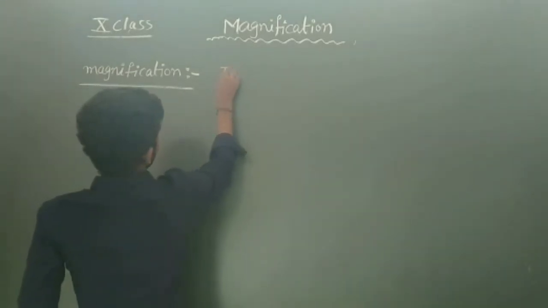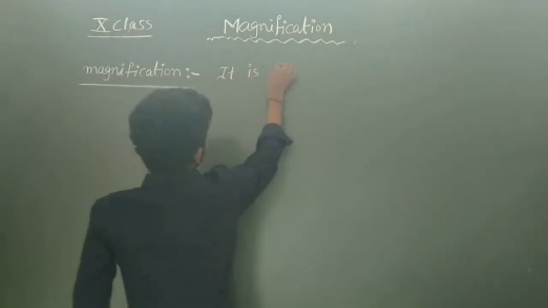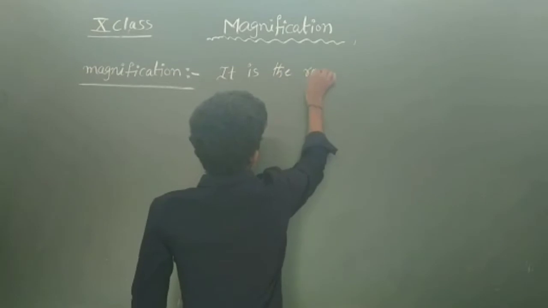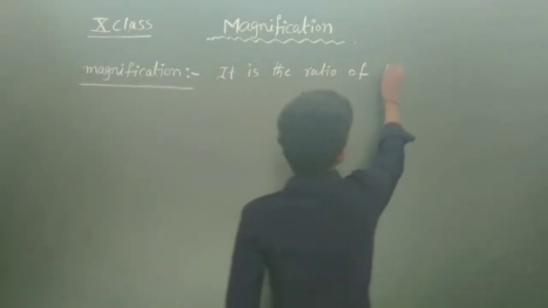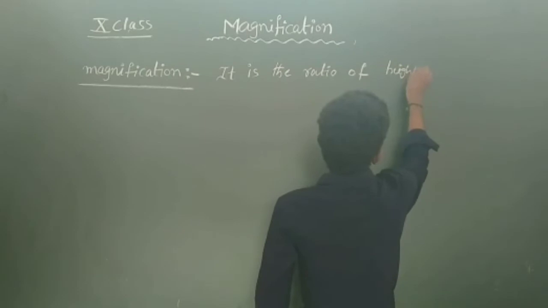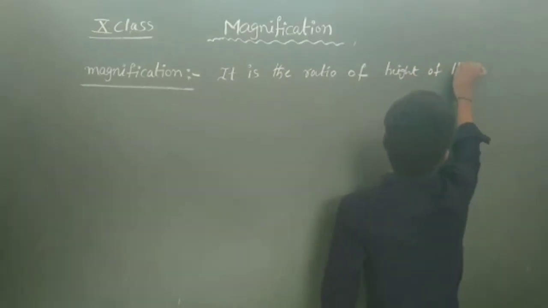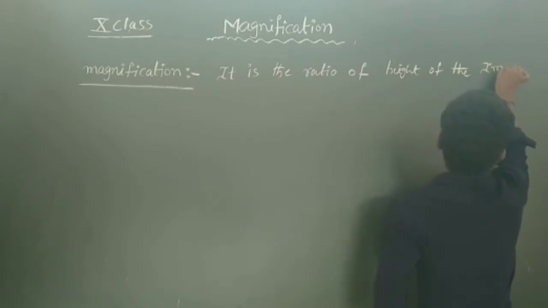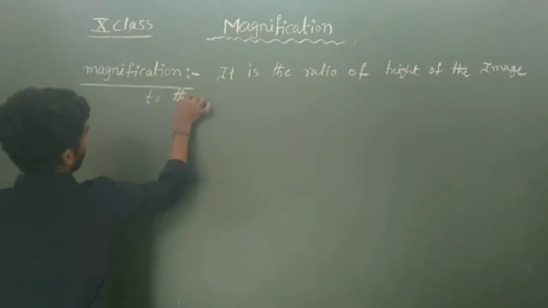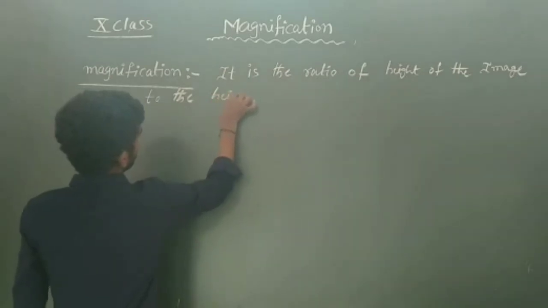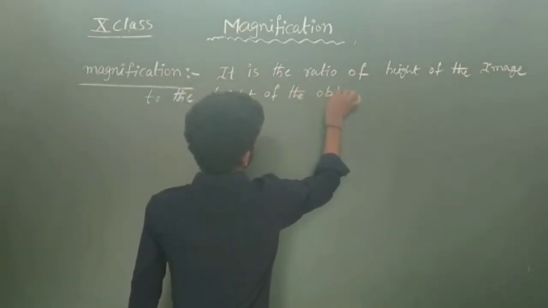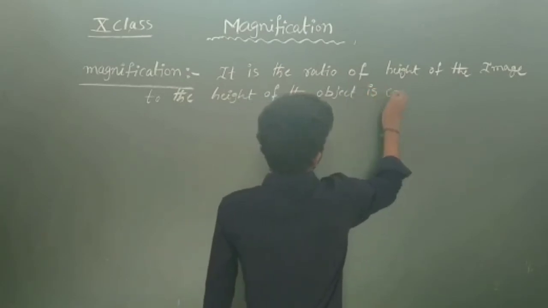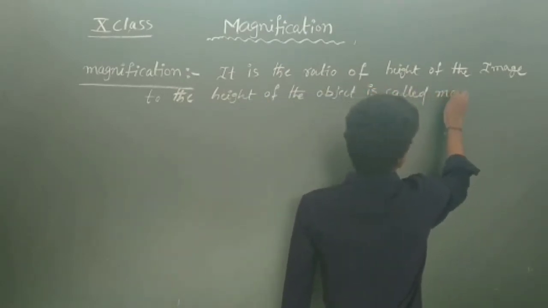Magnification means it is the ratio of height of the image to the height of the object is called magnification.